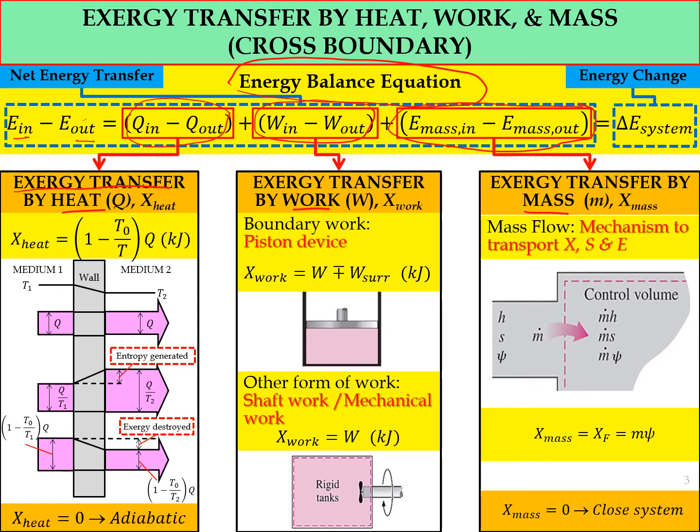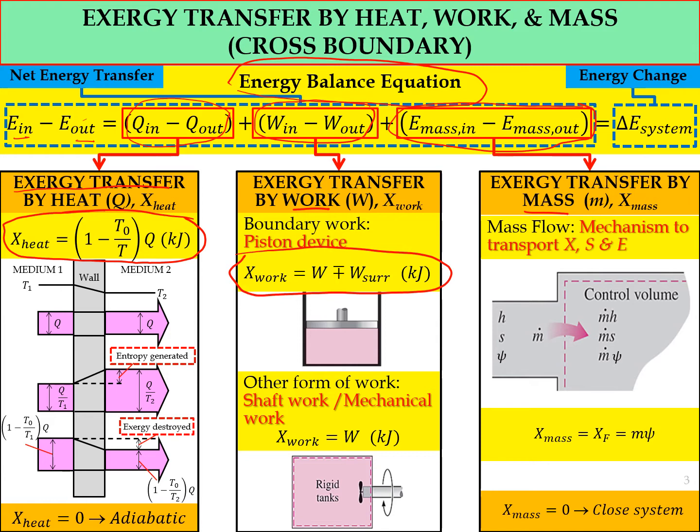The equation that we need to use for exergy transfer by heat is this one. The equation comes from the energy balance, but we need to remember this because we are going to use it. Exergy transfer by work is this, the work plus minus the surrounding work. We have talked about this before.